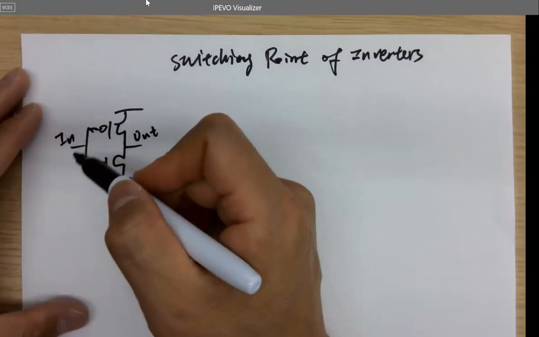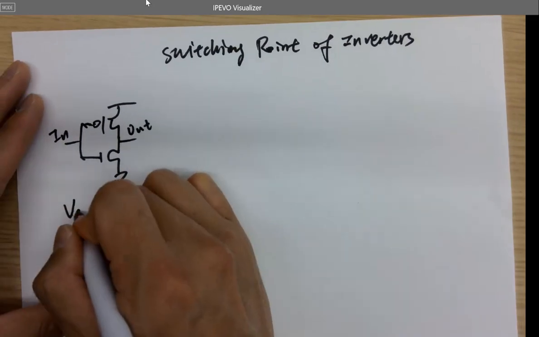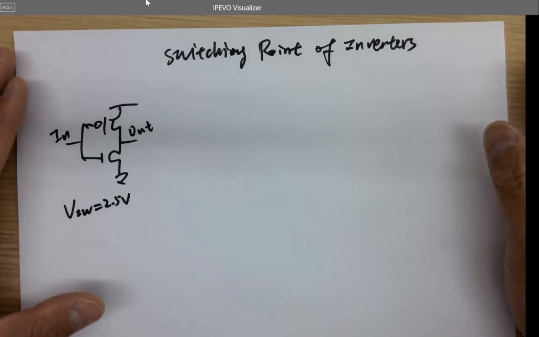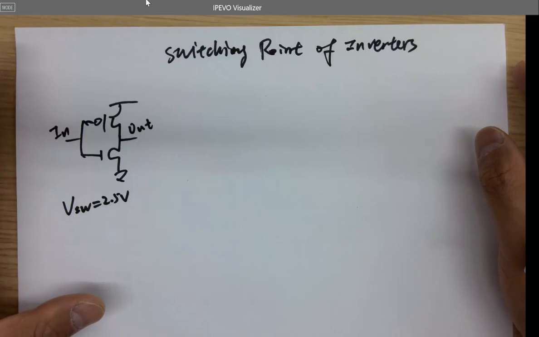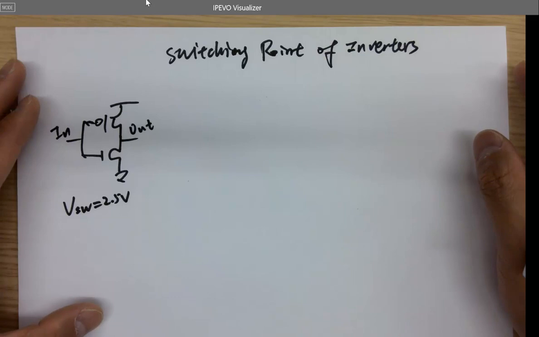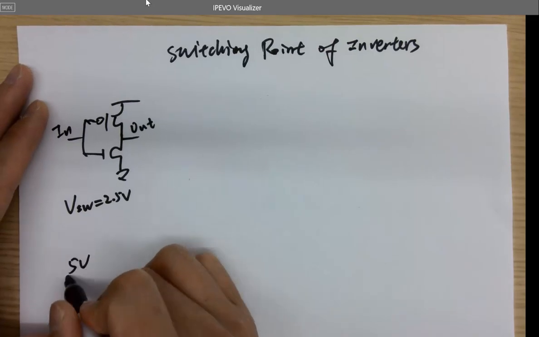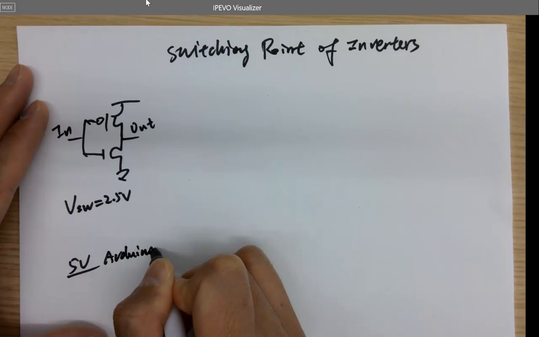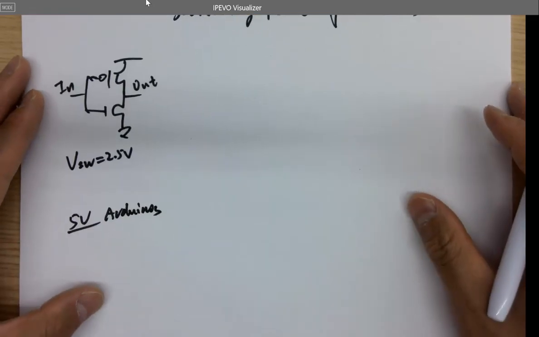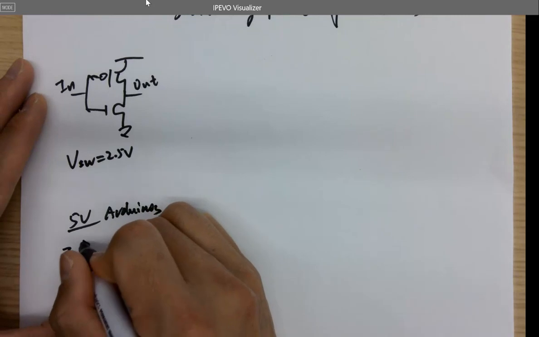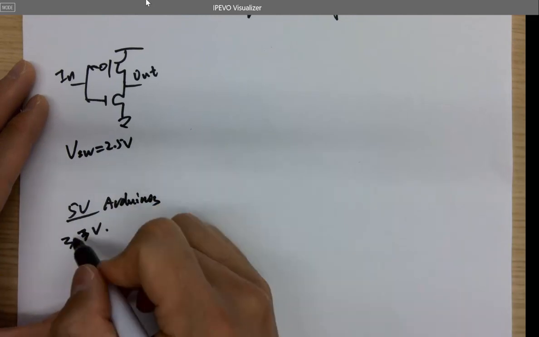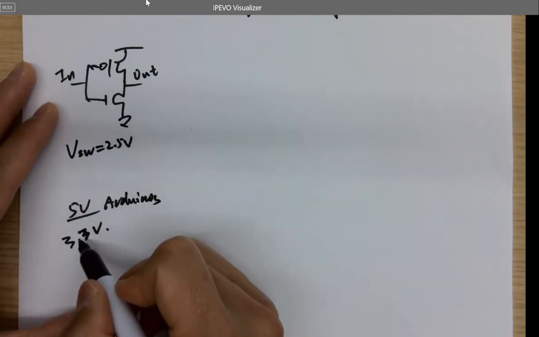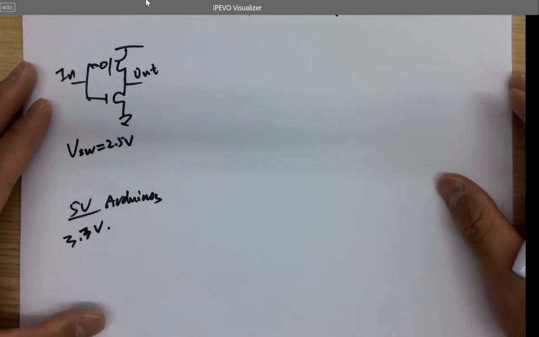And we hope the inverter switches at 2.5 volts. So anything lower than 2.5 is considered as 0, and anything higher than 2.5 is considered as 5 volts or logic 1. Because when you are using 5 volts logic for Arduinos, you must have realized that some of the sensors are being operated at 3.3 volts, right? But can still communicate with Arduino because 3.3 is considered as 1. It's larger than the switching point of the logic.